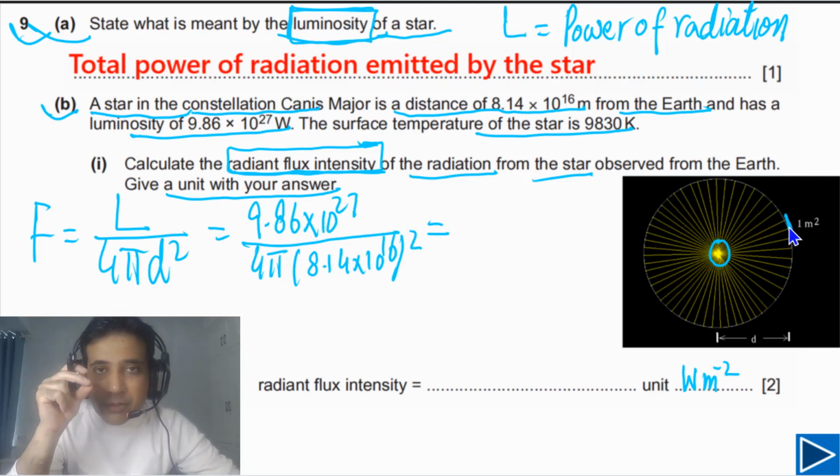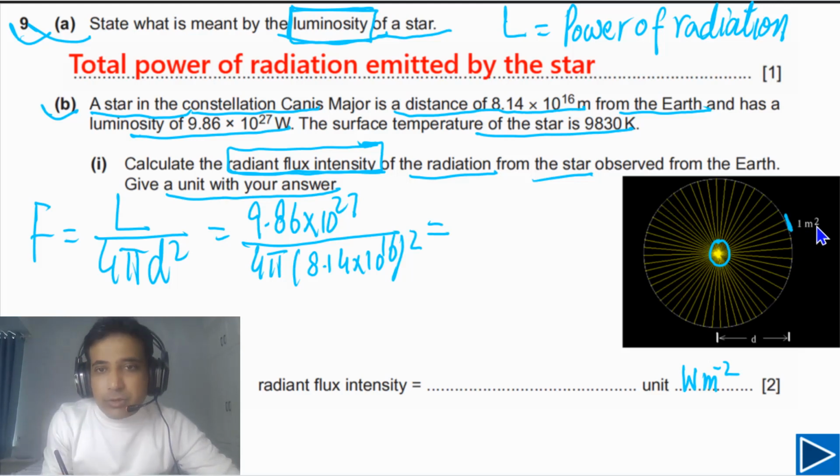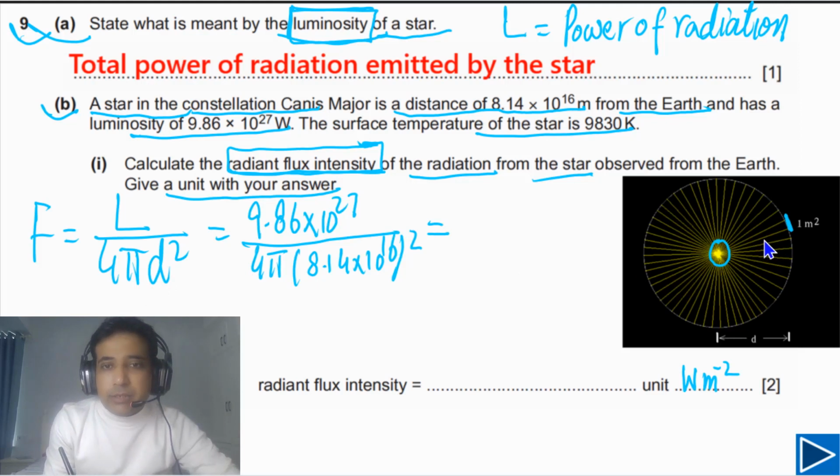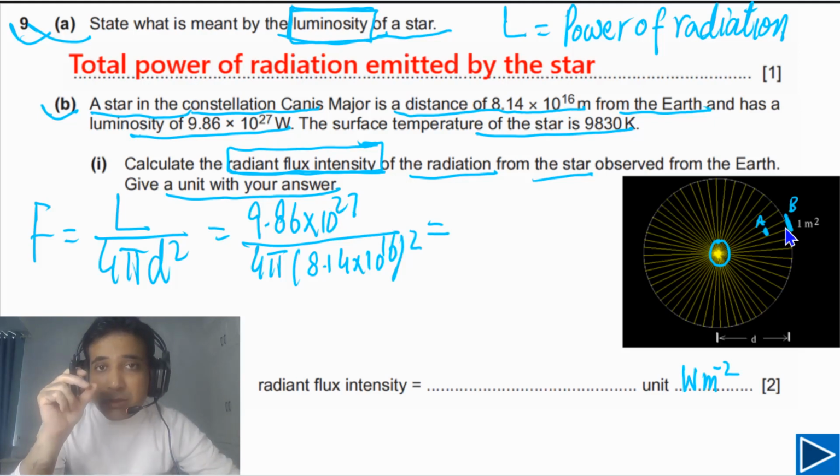We need to understand that intensity depends on distance. Let's say this is point A and this is point B. Intensity at point A and intensity at point B will be different because intensity depends on distance from the star. But luminosity is an intrinsic property of a star and it does not depend on distance. You have to be very clear about this point.